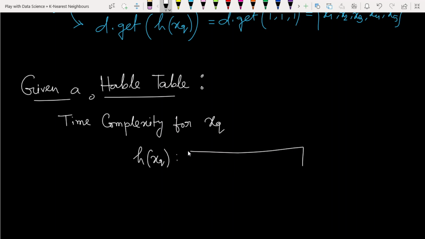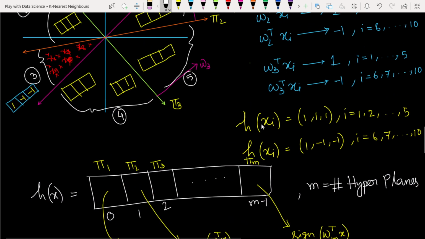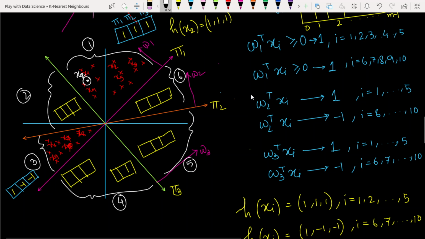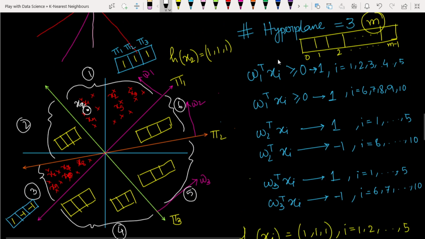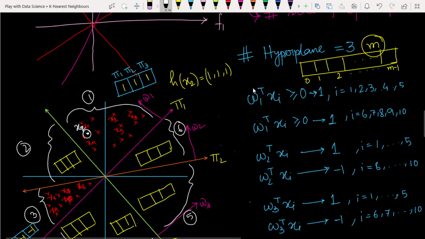If we consider m hyperplanes in d-dimensional space, then how many calculations do we need? For each hyperplane we require d multiplications, here also d operations, and we consider m number of hyperplanes.